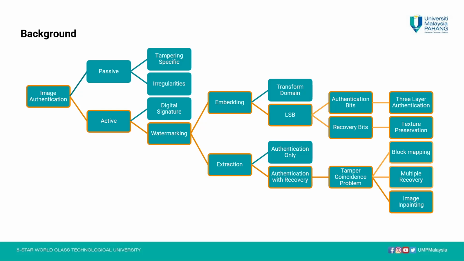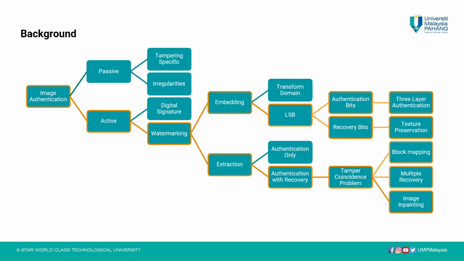In the process of watermarking, we have an embedding step and an extraction step. In the embedding step, we use LSB, least significant bit embedding, and the data to be embedded is authentication data and recovery data. In the extraction step, the algorithm is divided into two: one supports only authentication, and the second supports authentication and recovery.